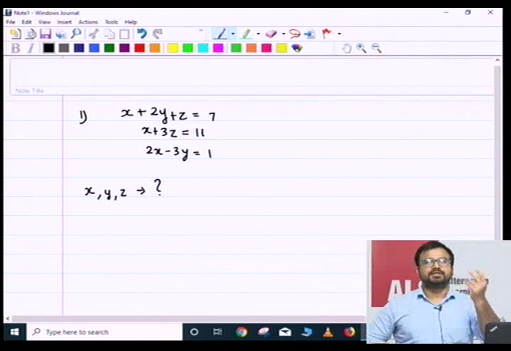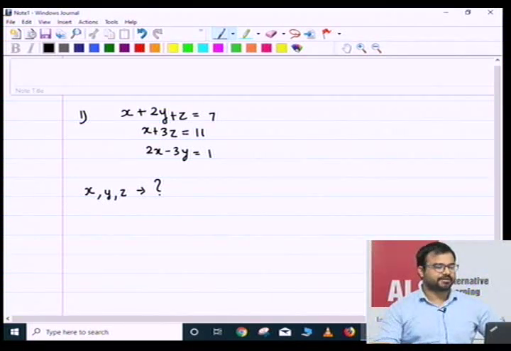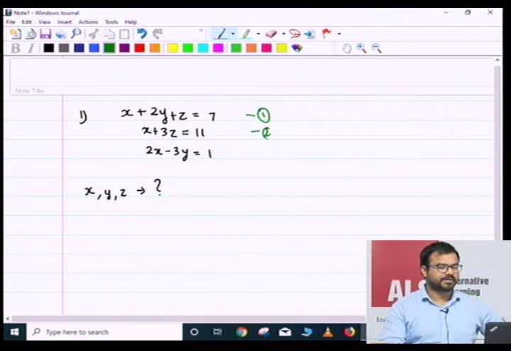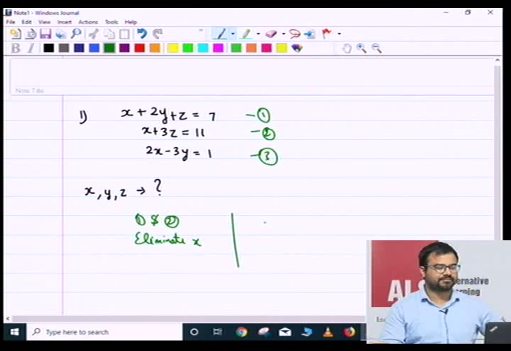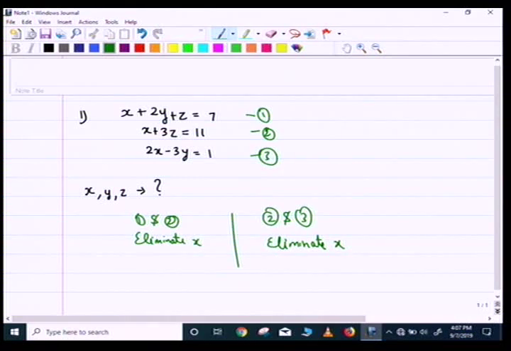So what you can do is eliminate one of the variables from the equations. Like this is your first equation, second equation, third equation. From first and second, eliminate x, and from second and third, again eliminate x. So you will get an equation in terms of y and z in both cases, and then solve for y and z.